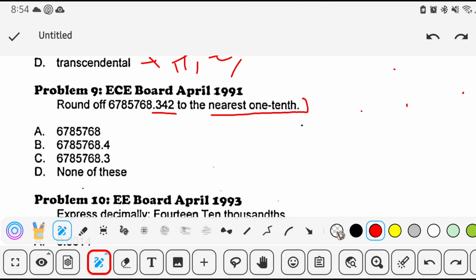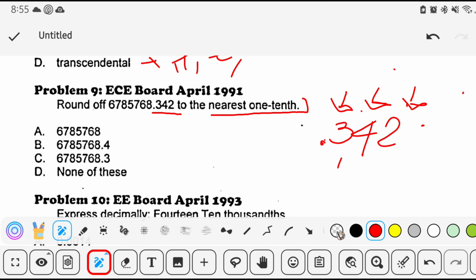This is the first number after the decimal point, this is the second, and the third, and so on and so forth. And we're just going to do the nearest tenth.